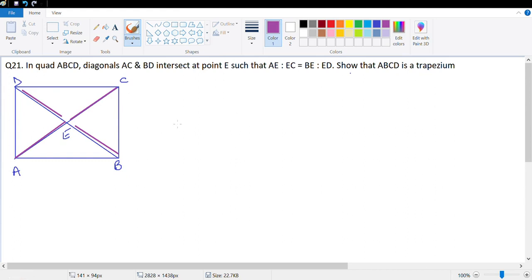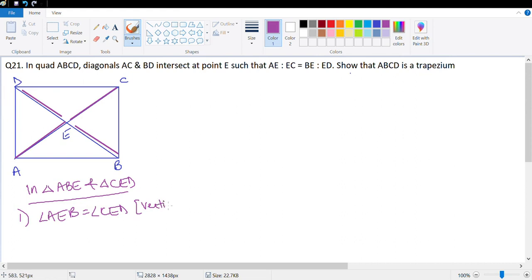So in triangle ABE and triangle CED, what is available to us? Point number one, angle AEB is equal to angle CED. This is vertically opposite angles, so they need to be equal.